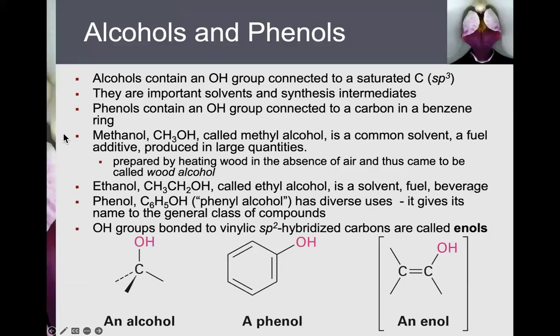So the very famous example of alcohol is methanol, CH3OH, also called methyl alcohol. Methanol was prepared by heating wood in the absence of air. That's why another term for methanol is wood alcohol.